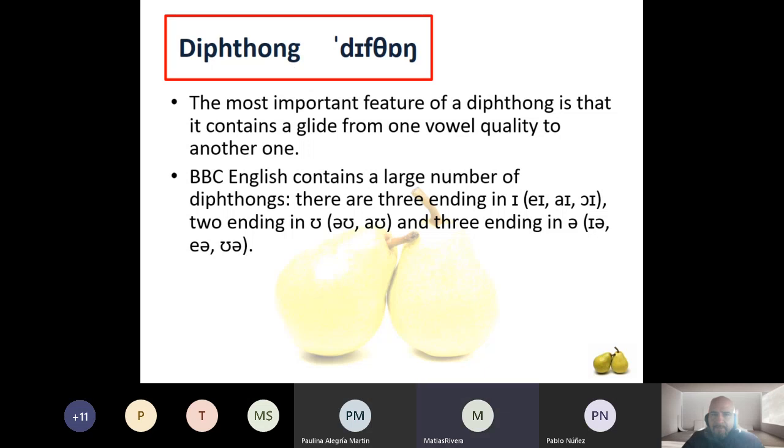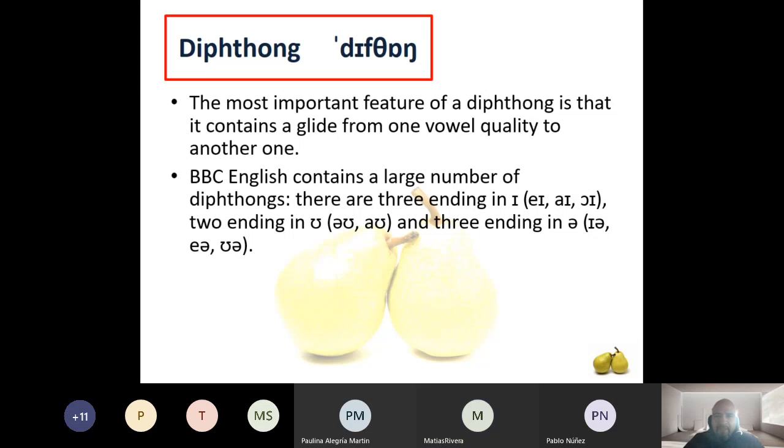BBC English contains a large number of diphthongs. There are 3 ending in the schwa, 2 ending in the U, 3 ending in the E. I don't remember how that sounds.